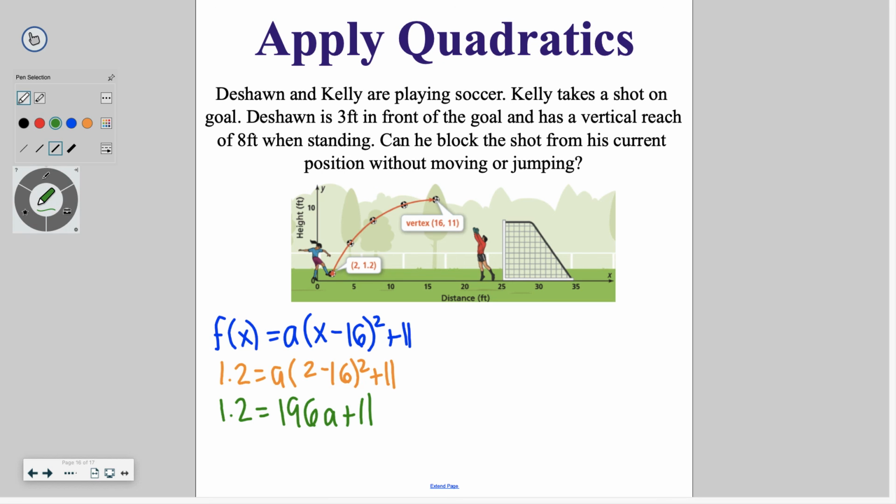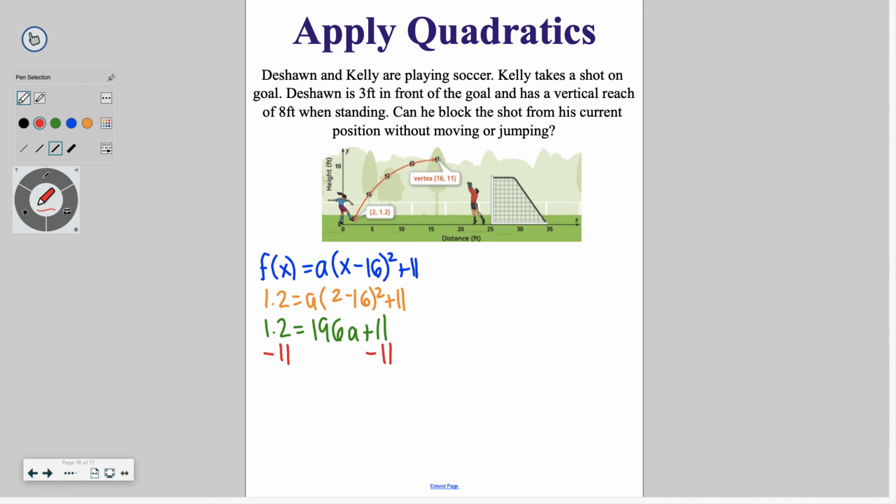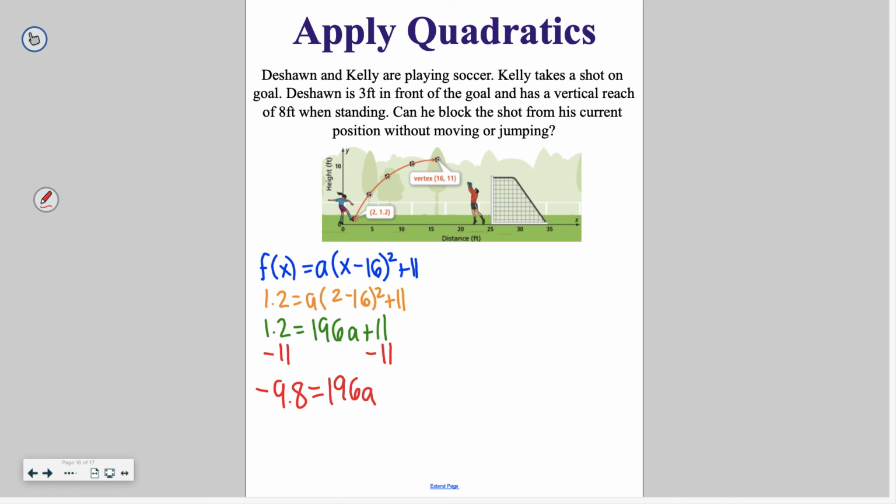In order to get rid of that 11, I'm going to subtract it from both sides. When I subtract 11 from 1.2, I get an answer of negative 9.8 is equal to 196a. Then I'm going to finish solving for a by dividing by 196 on both sides.